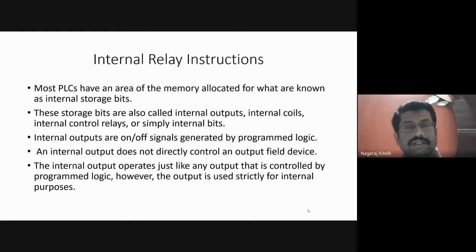These internal relay instruction bits store the status, again either the on status or off status, of the signals generated after the execution of the program. After the execution of the ladder rung diagram, whatever the status of the output is, that status is stored by these bits.